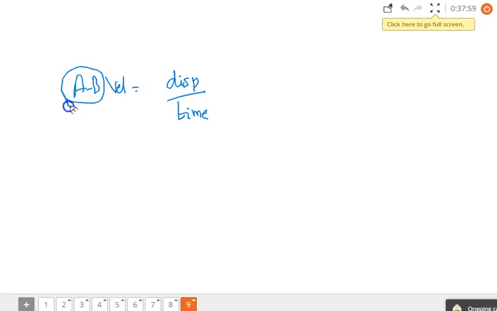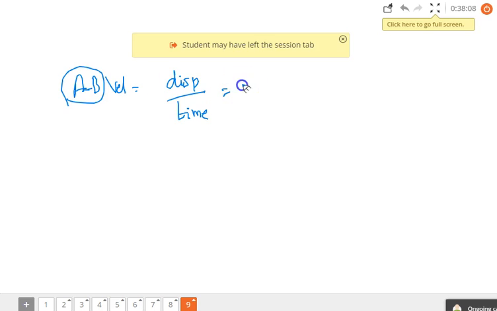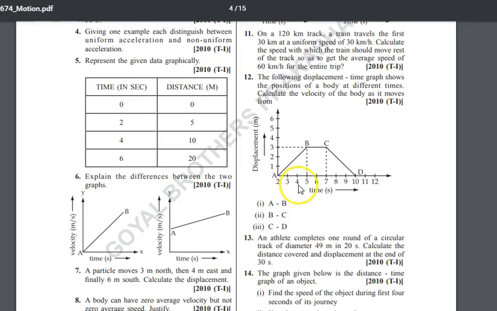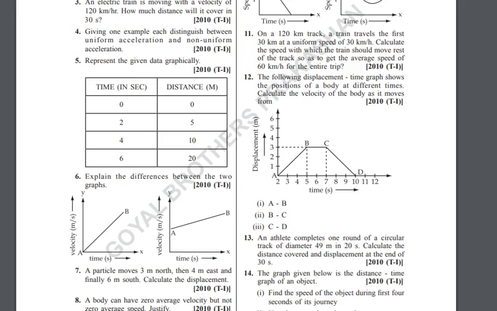AB, this line we are discussing. Displacement is 3 minus 0, by time 5 minus 2, which means 3 by 3 is equal to 1 meter per second.